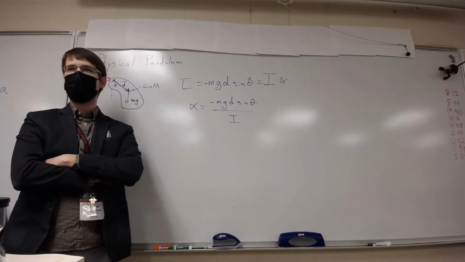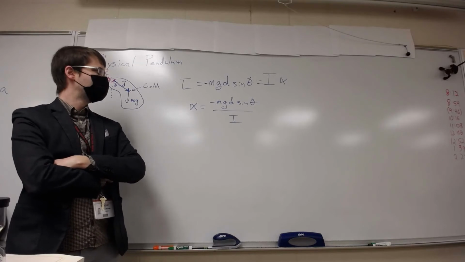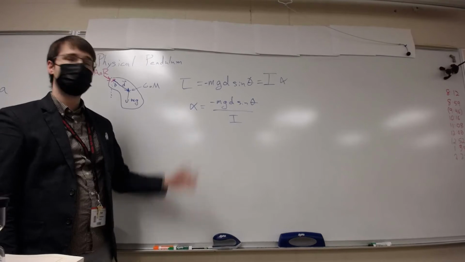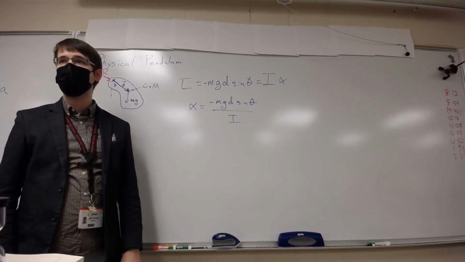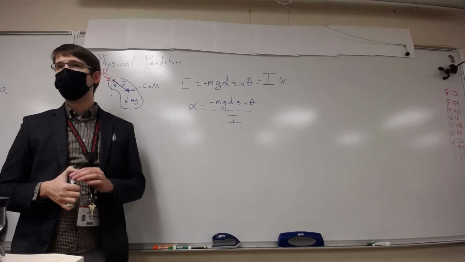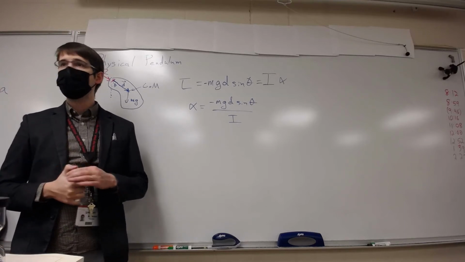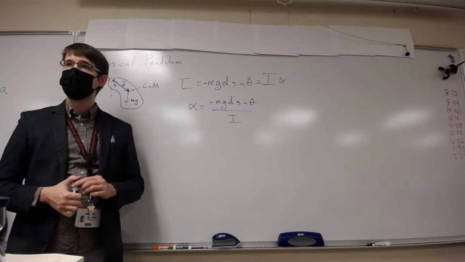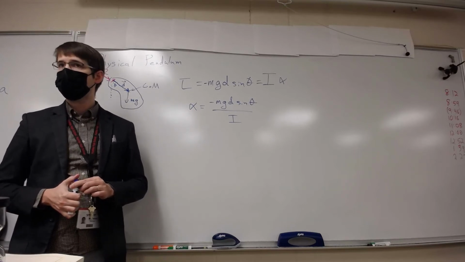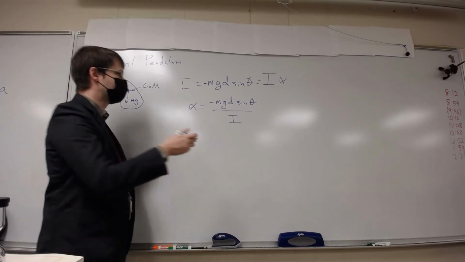And if you have any questions about it, please let me know as we're going. So this is the equation for the angular acceleration. And if we remember, the angular acceleration is the second time derivative of the angular position theta. This is equal to d squared theta dt squared. That makes sense?